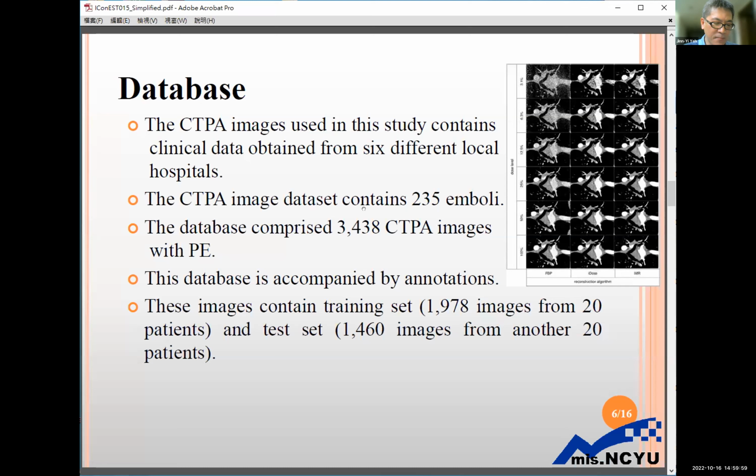The database comprised 3,438 CTPA images with the PE. The database is accompanied by annotations such as the embolism position and the size in each image, which can be used to evaluate the effect of image processing. The images were divided into 2 parts, training set and test set, as shown here.